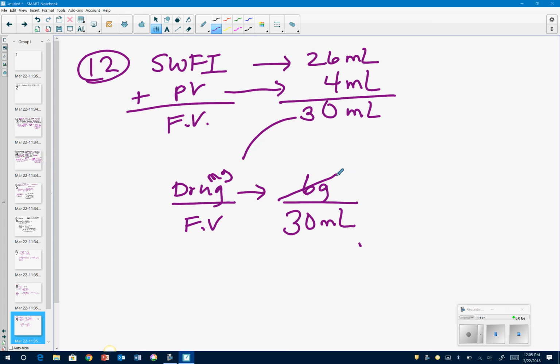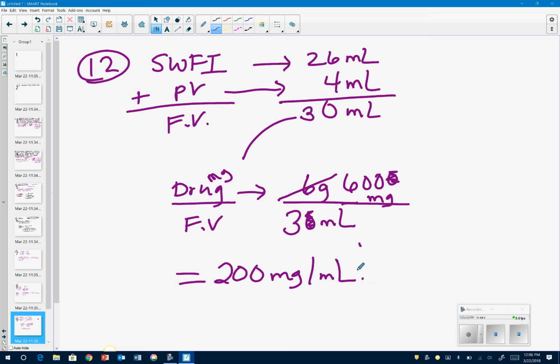So 6 times 1,000, because 1 gram equals 1,000 milligrams. So that would be 6,000 milligrams. Again, you could take the 0 off to make it easier to put into your calculator: 600 divided by 3, or 6,000 divided by 30 would equal 200 milligrams per milliliter. And that would be your final concentration of the drug.